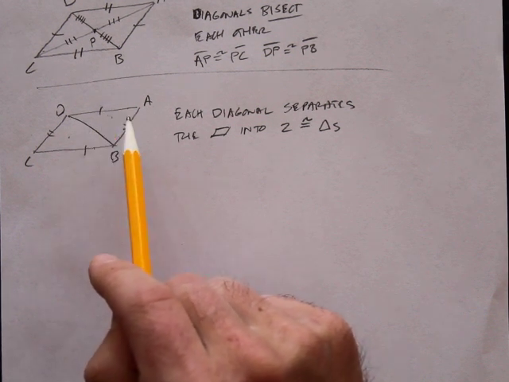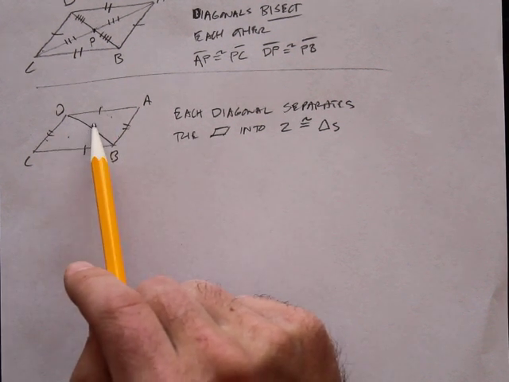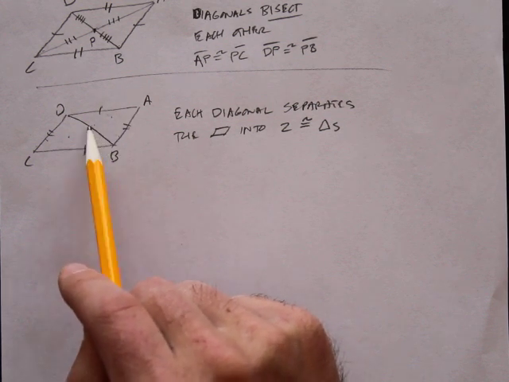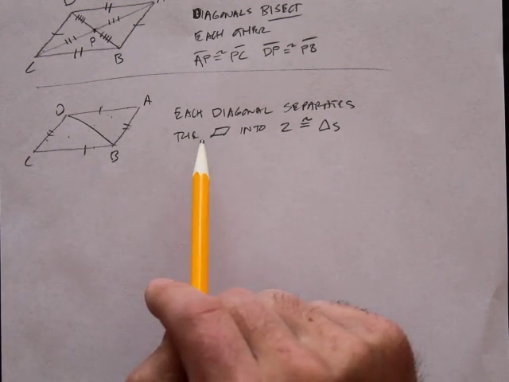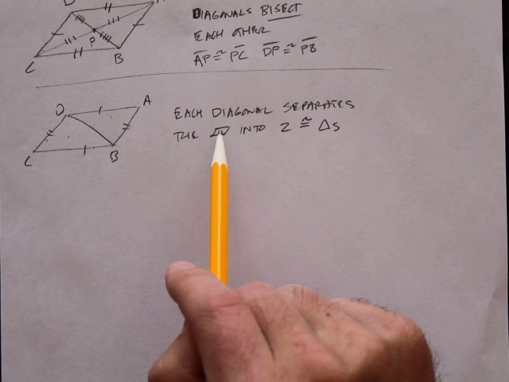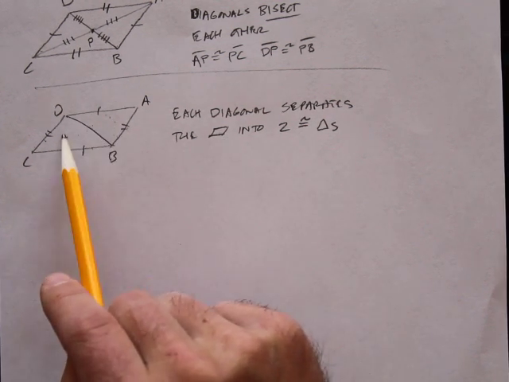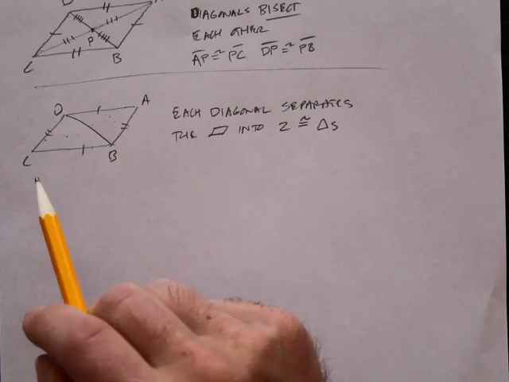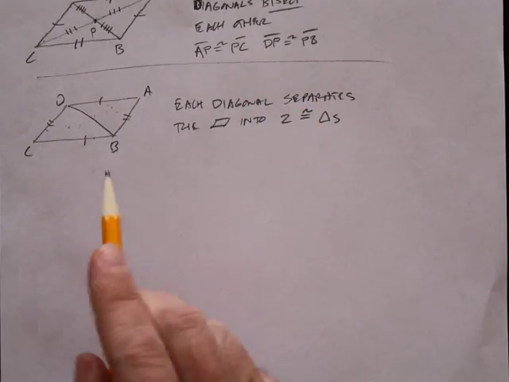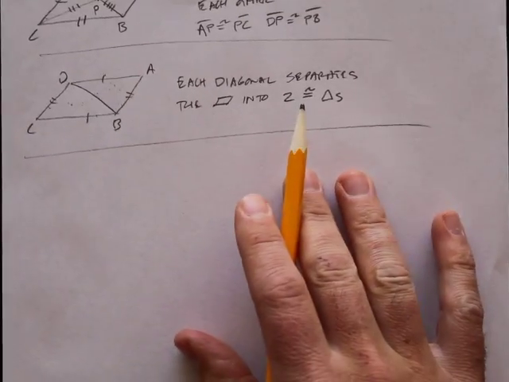Therefore, I have side, side, side. So, by side, side, side, each diagonal separates the parallelogram into two congruent triangles. Now, let's do an example, and then we'll be done with 6-2.